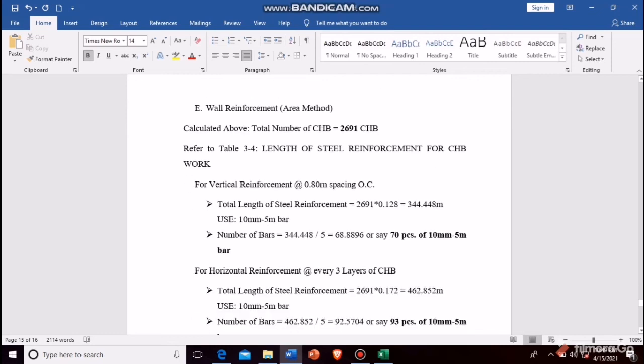Total length of steel reinforcement is 2691 times 0.128 nga constant sa table. That is 344.448 meter. Use 10 millimeter 5 meter bar. Then the number of bars is 344.448 over 5, that is 70 pieces of 10 millimeter 5 meter bar.